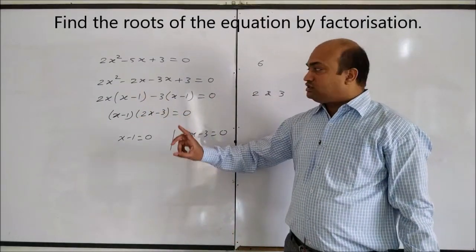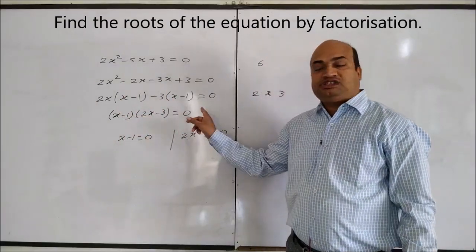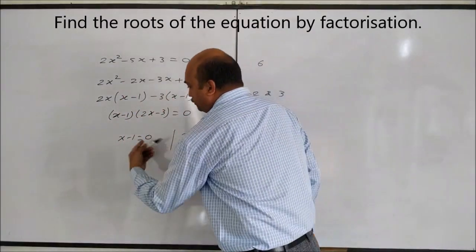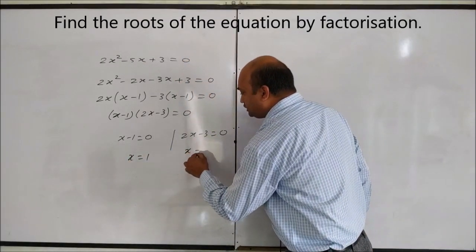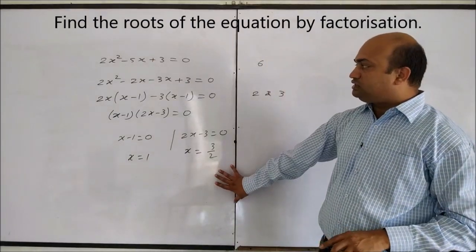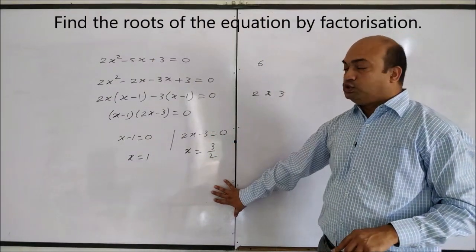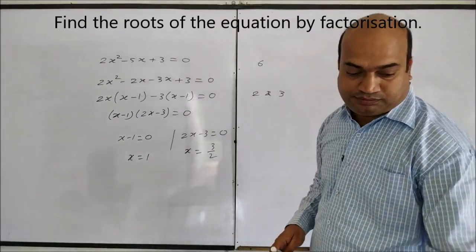But if both of them are not 0, then product cannot be 0. From here x we will get 1 and from here x we will get 3 by 2. In this way we can use the factorization method to solve this question.